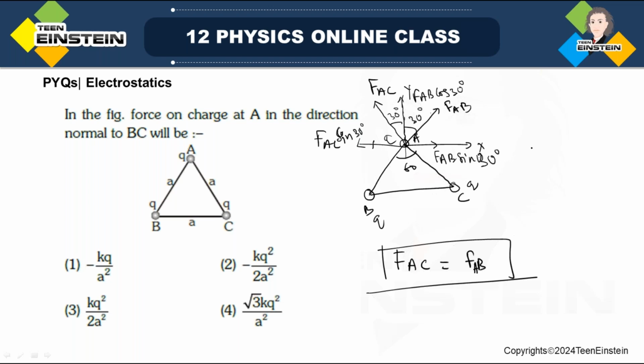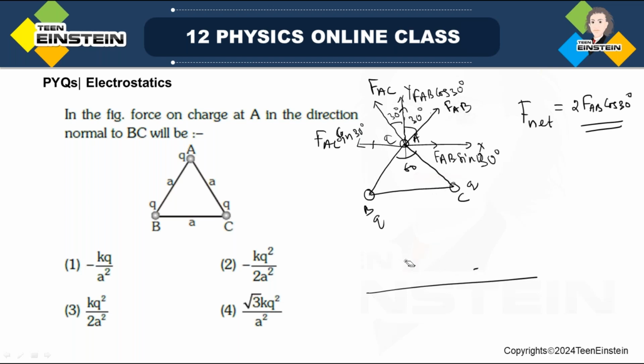So ultimately, the net force on A, as I am getting two components here, is 2 into FAB or FAC, whatever you take, FAB cos 30 degrees. So this is the net force. Now we have to find out what FAB or FAC is. That is very simple, as you know.